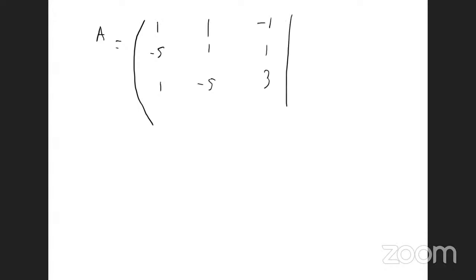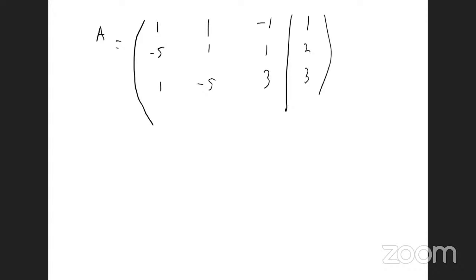All right, so if you look at 2013, there's a question that, here's what they gave us. Instead of taking a picture, I will just show you what they gave us. They gave us a matrix 1, minus 5, 1, 1, 1, minus 5, minus 1, 1, 3, augmented with 1, 2, 3.